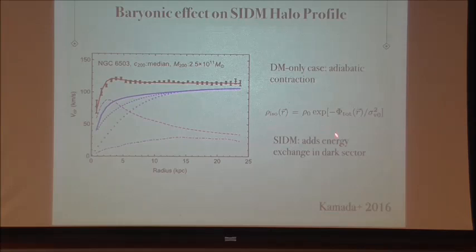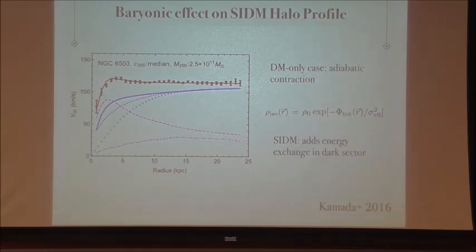This is a similar effect, only now they're self-scattering, so the dark matter can exchange energy. If you go to the density profile of an isothermal halo, it scales as the exponential of the potential, and the potential here is the total potential. So it'll feel a larger effect from the baryonic potential than the dark matter only case does.